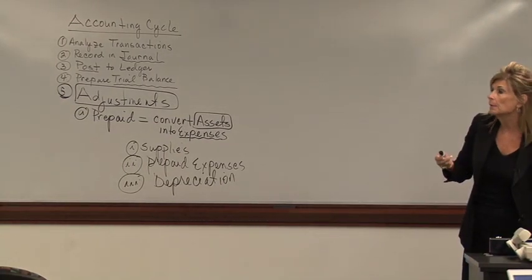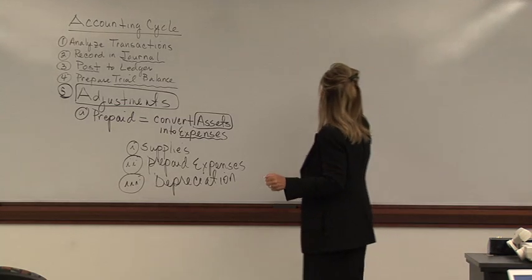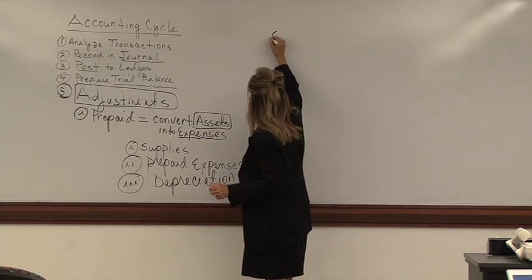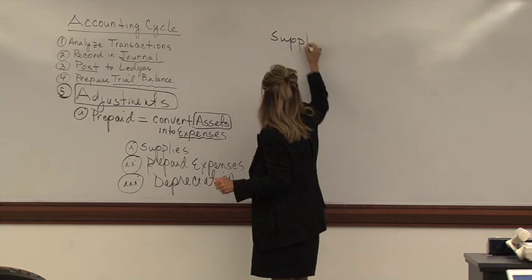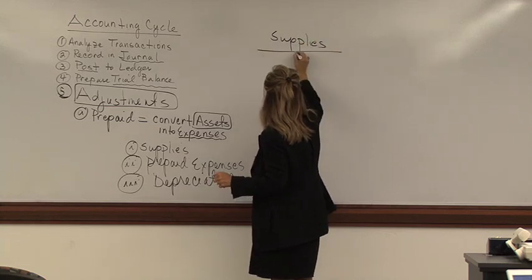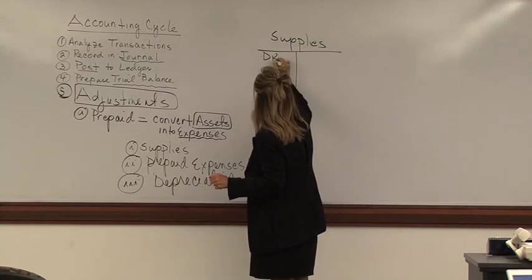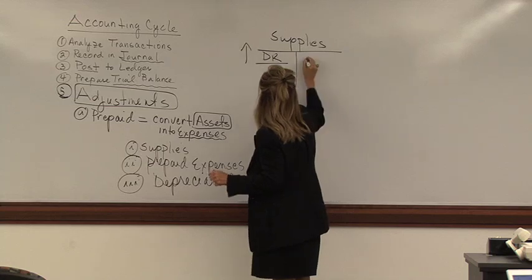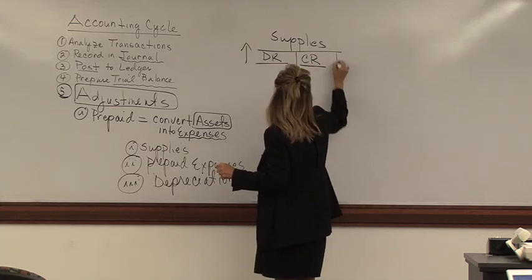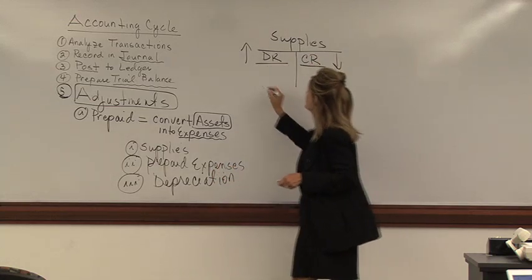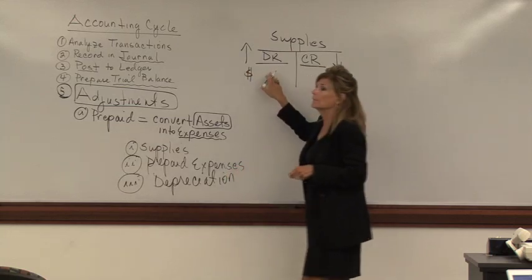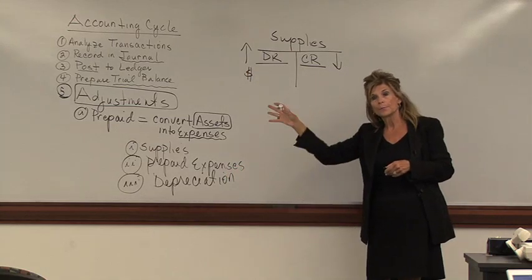So for example, if we were to look at the ledger for supplies, DR stands for debit, CR stands for credit. We would initially record the amount on the debit side. Go from the journal to the ledger.